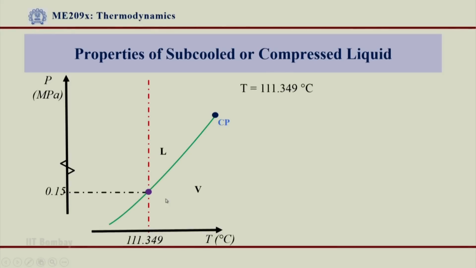Alright. So, this could be any pressure. Corresponding to this pressure, I have taken Tsat at P, which is 111.349, and I will draw this line vertically because I would like to see the effect of various pressures on this line in the subcooled or compressed liquid region. This is the subcooled or compressed liquid region, I am sure now everybody knows.